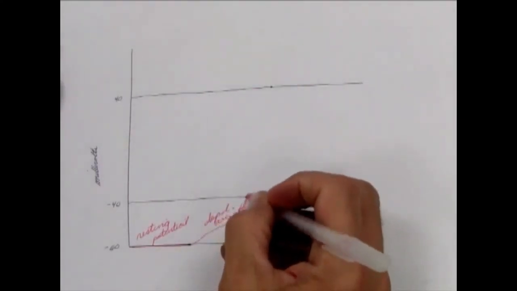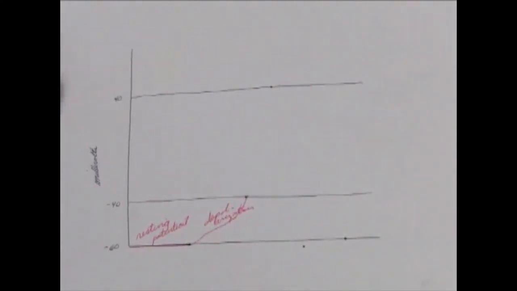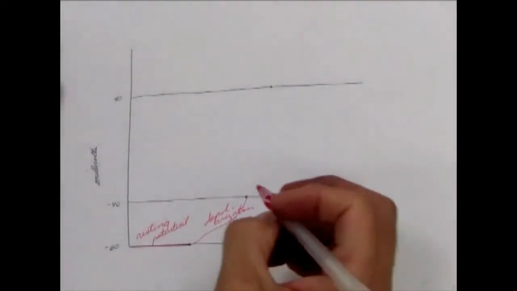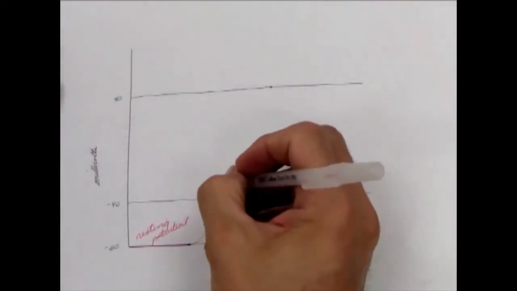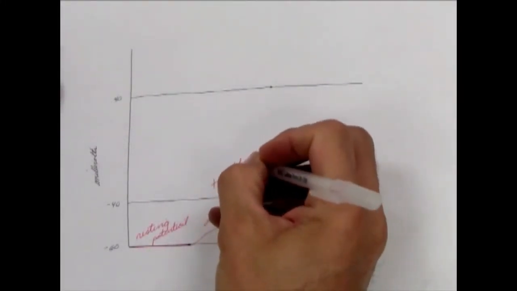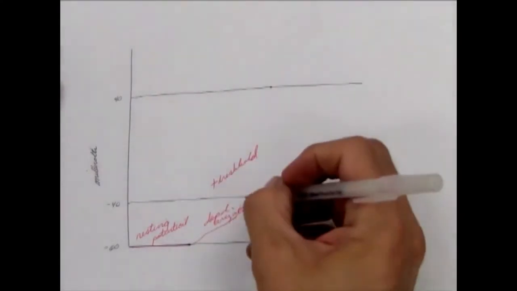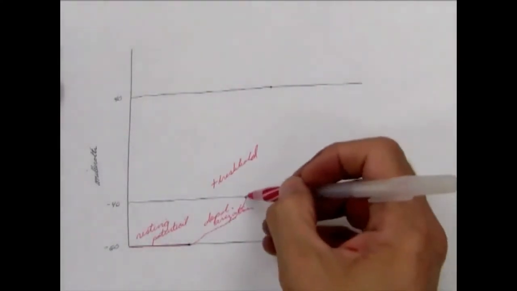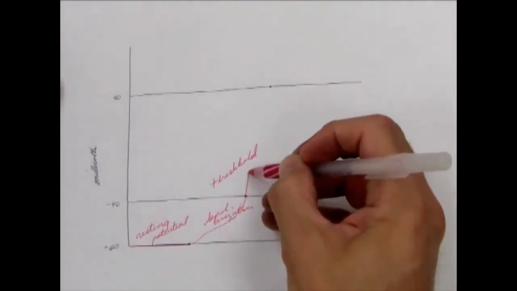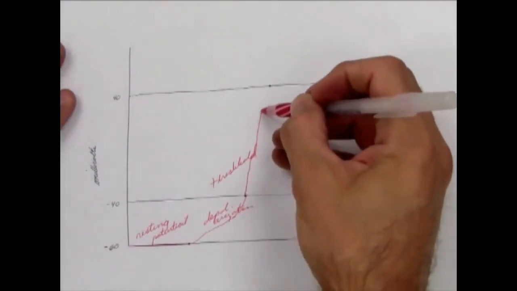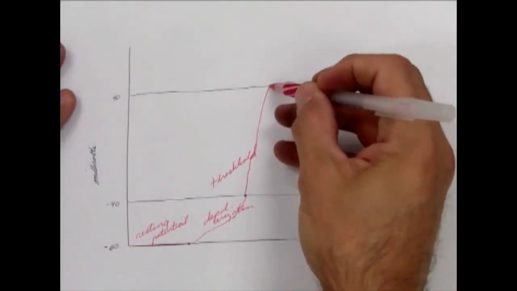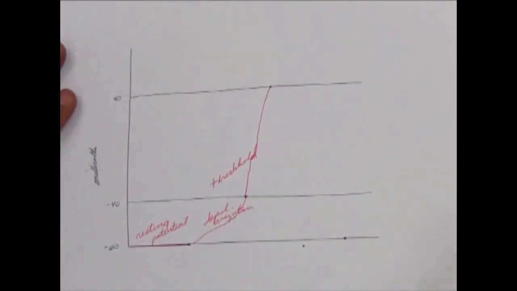And when it reaches negative 40 millivolts, that's what we call threshold. At that time, the voltage-gated sodium channels open, and as the sodium rushes in, the charge reverses to positive 40 millivolts.